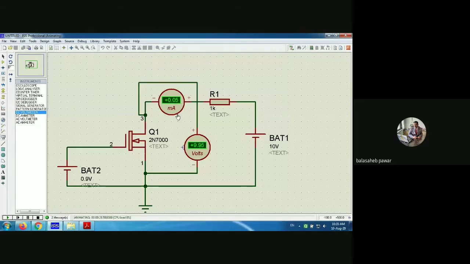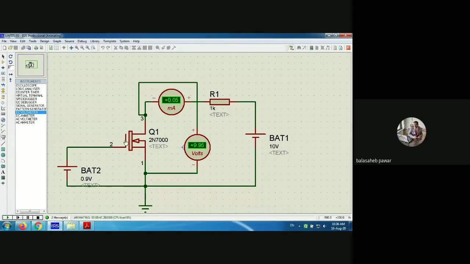So just note down 0 to 0.8 in the first column, that is for VGS, and in the second column, for ID, ID remains 0. Am I right? Yes, sir. So respond fast.